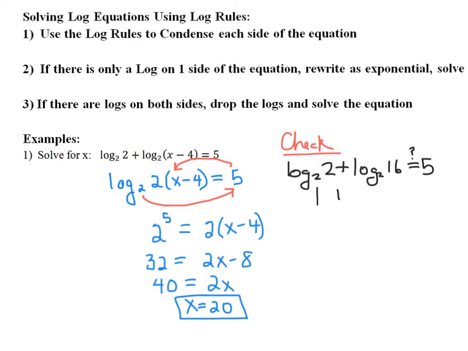I know, of course, 2 to the 4th is 16, so the answer for that log is 4. I do see that 1 plus 4 is equal to 5, so that solution of x equals 20 does check in my original equation. Now I'm not going to do the checks for all of them, but that was a very interesting one to take a look at so that we could practice again with evaluating logs.